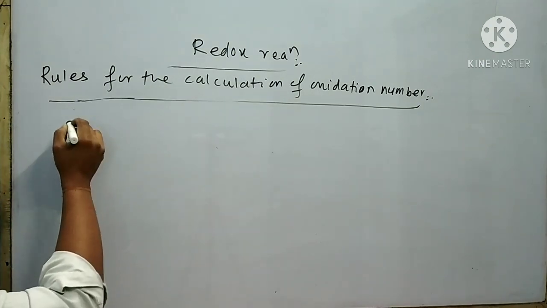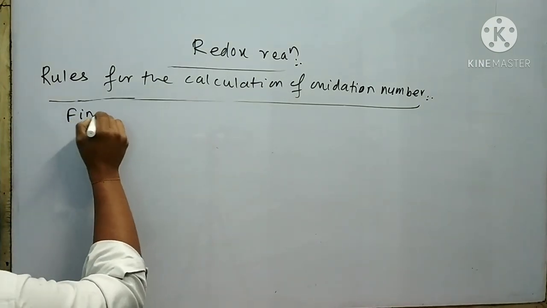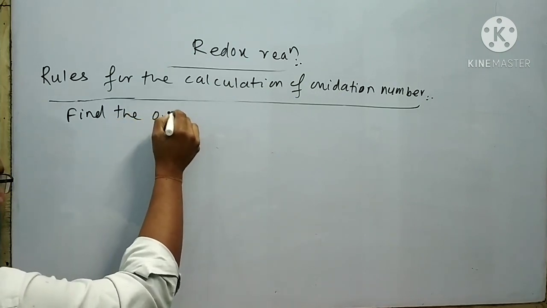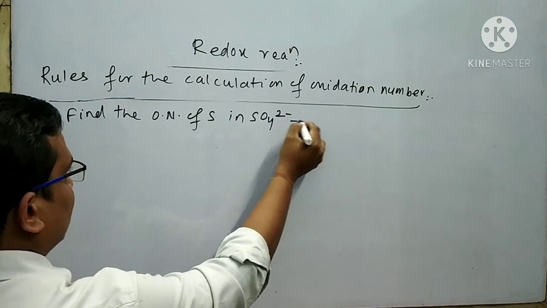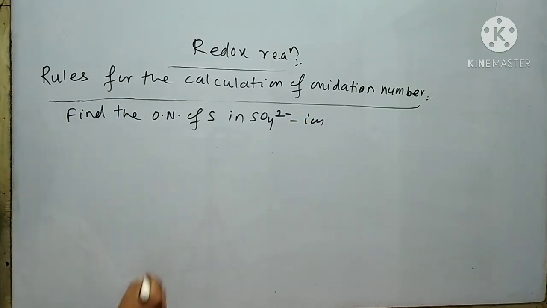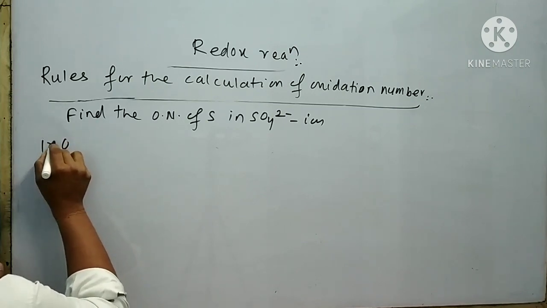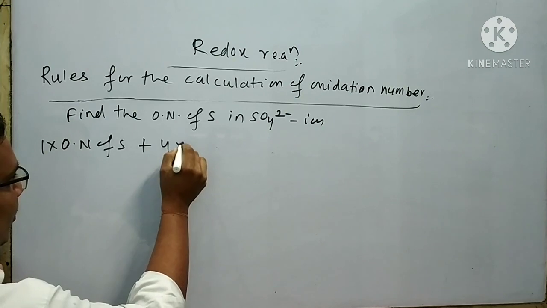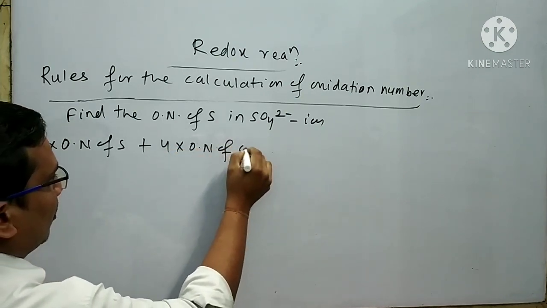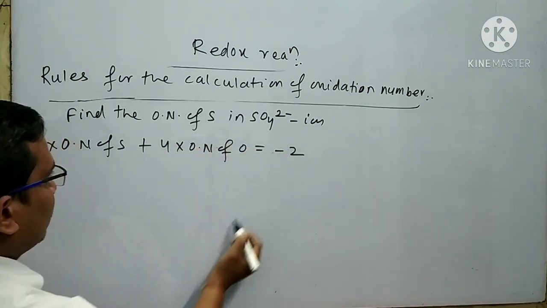Next I want to do another question. Find the oxidation number of sulfur in SO4 2 minus ion. For SO4 2 minus ion I can write 1 into oxidation number of sulfur plus 4 into oxidation number of oxygen equal to minus 2.